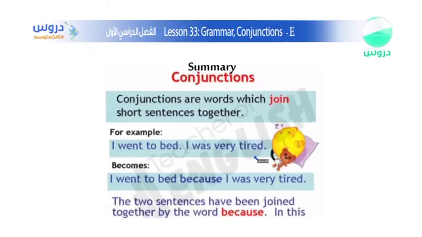If we don't have conjunctions, we would write this way. I went to bed. I was very tired. But because we have conjunctions, it became this way. I went to bed because I was very tired. Here, we connected both sentences to each other.